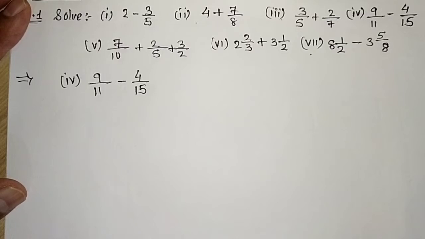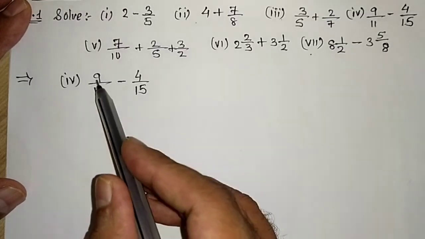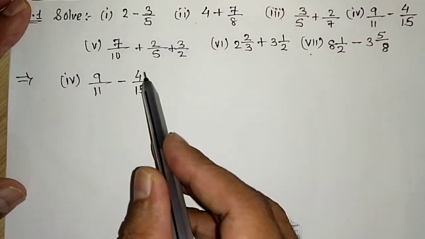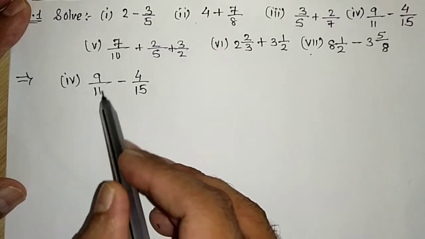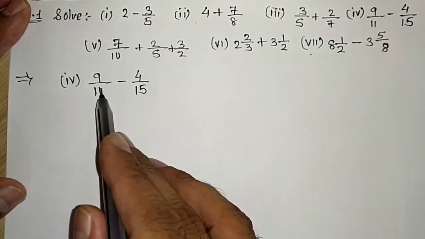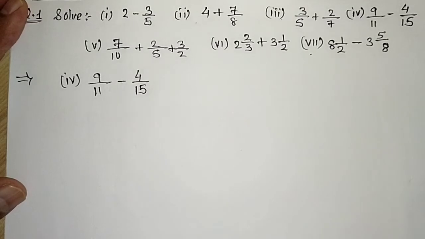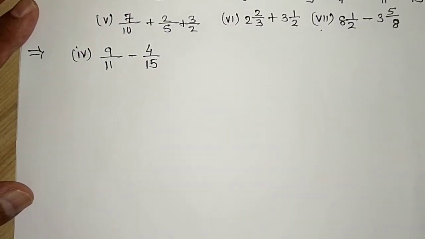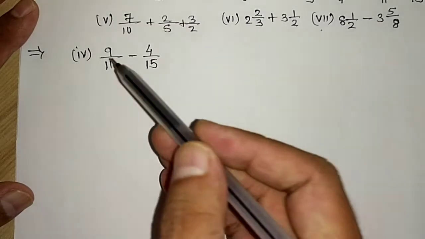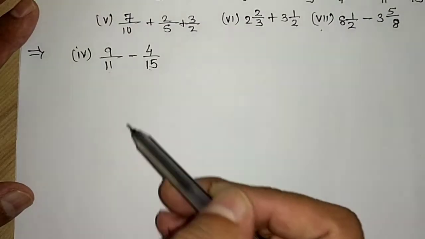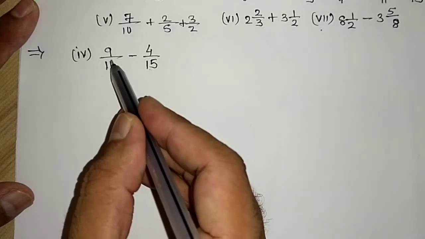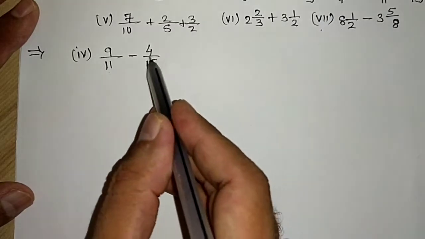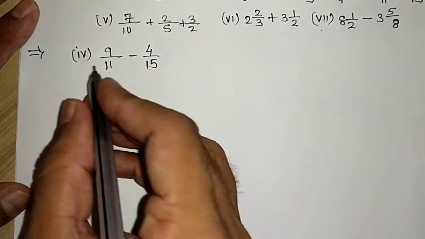They told us to solve this. Here one fraction is subtracted from the first fraction, that is we have the subtraction of two fraction numbers. And how to subtract? Let me show you. Here they have given us unlike fractions. Unlike fractions are those fractions whose denominators are not the same. So what you will do?